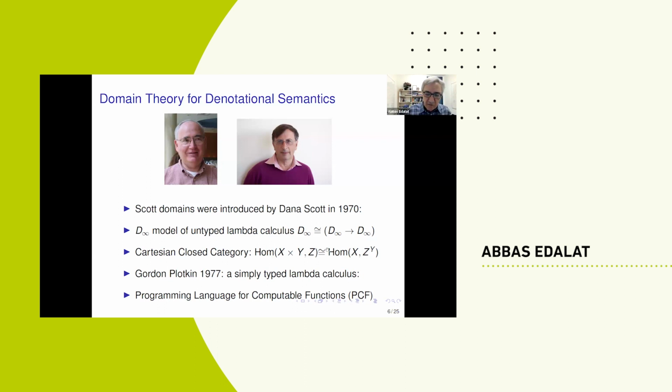Anyway, I think most of you are familiar with these notions, but in case some people are not, just a very brief review. So Gordon Plotkin in 1977 developed a simply typed lambda calculus based on Scott domains, and this led to the paradigm of programming language for computable functions, PCF, which has been a very active area of research in the past few decades, still a very active area of research.